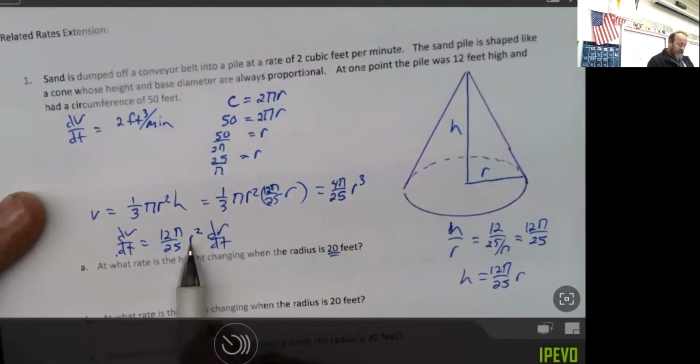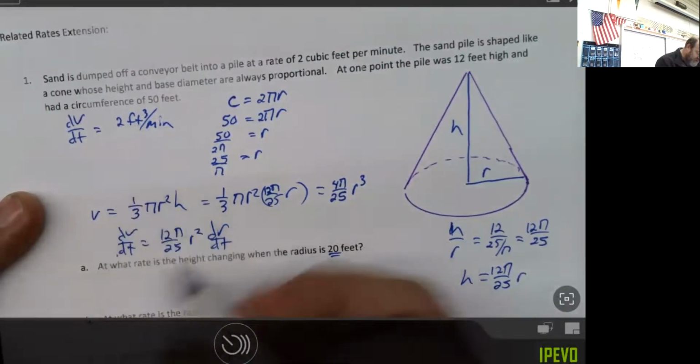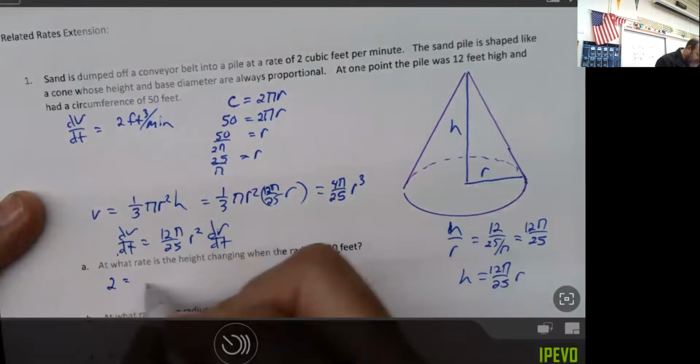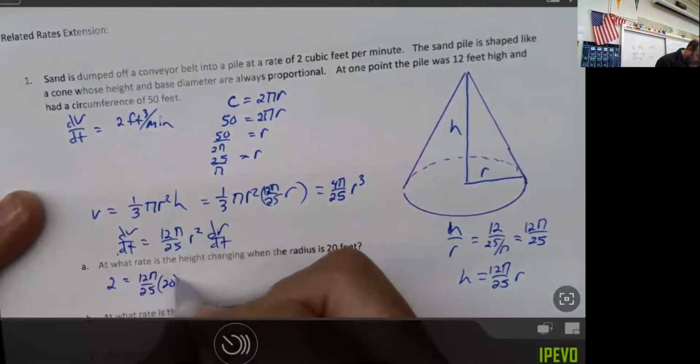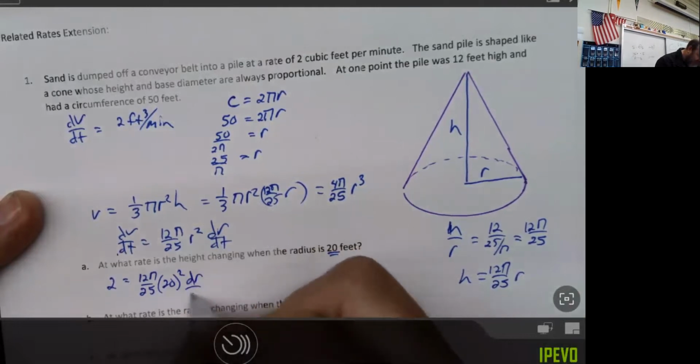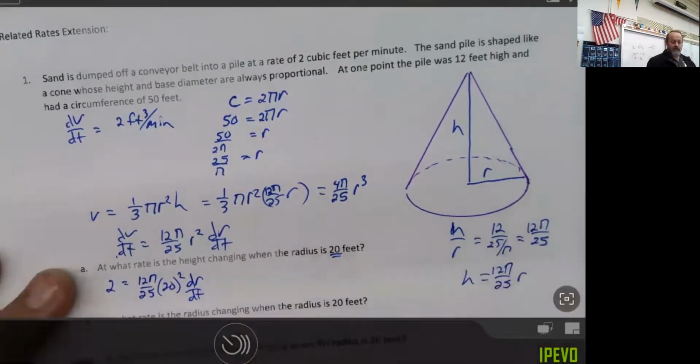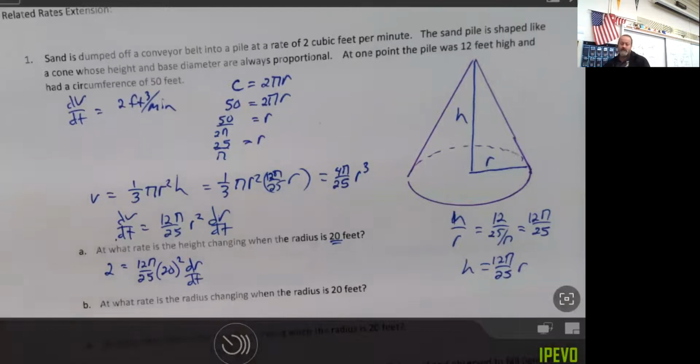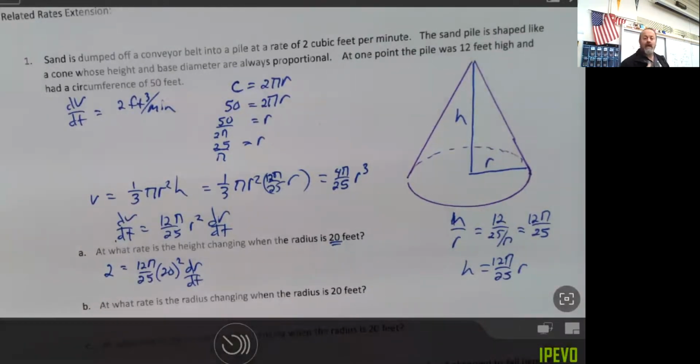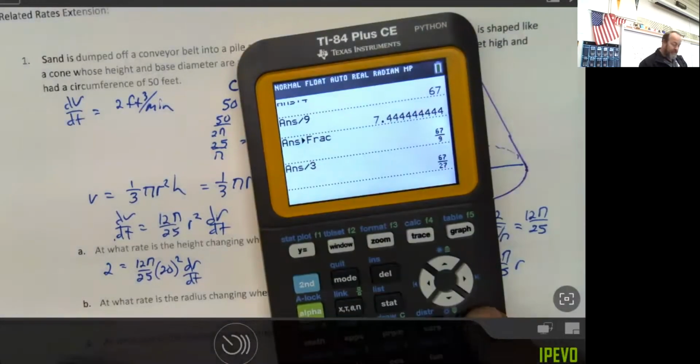They told me that I wanted dV/dt to be 2. So if I plug in 20, that's really not too bad to go get dr/dt. Now, these are pretty ugly numbers, so I decided I was going to use some approximations.